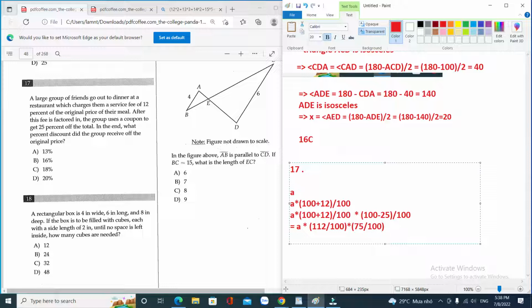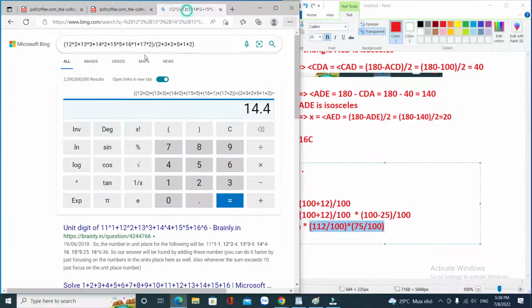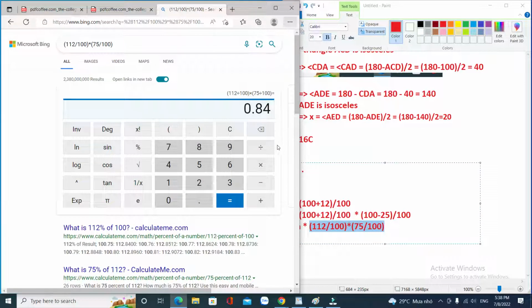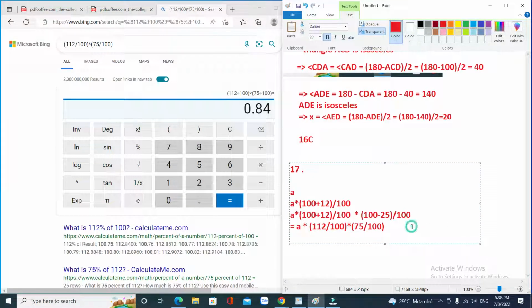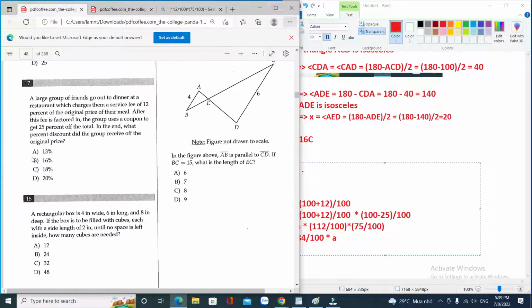So let's convert that to percent. How many percent of 8? That's just 80% of 8. All right. So this cow is actually 16%, right?